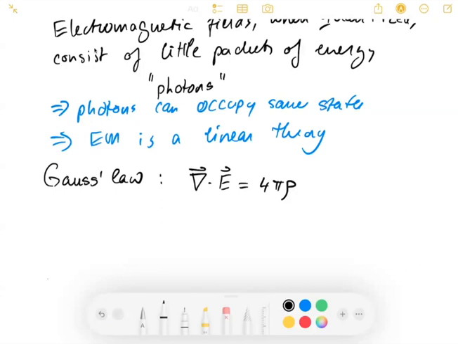Okay, this is of course in CGS. So in SI units, it's the divergence of E is rho over epsilon naught. So this is in CGS. And CGS is named CGS because it's centimeters, grams, and seconds. Those are the fundamental 3 units.